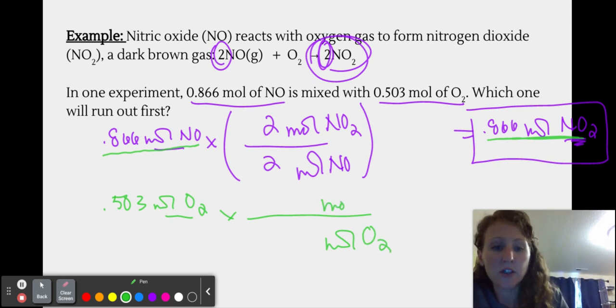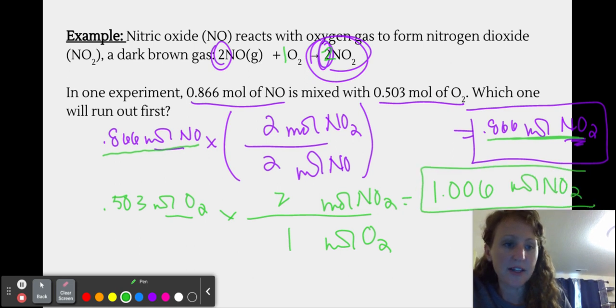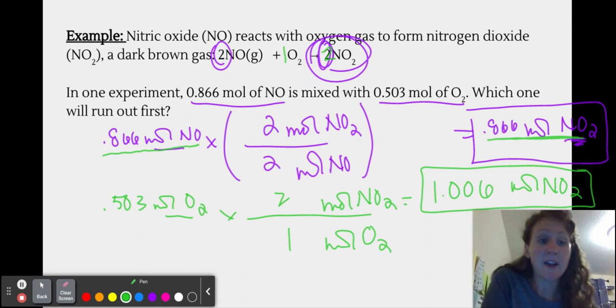I'm going to convert to moles of NO2, and I'm going to use the coefficients from the reaction. So 2 NO2 to 1 O2 gives me 1.006 moles of NO2.